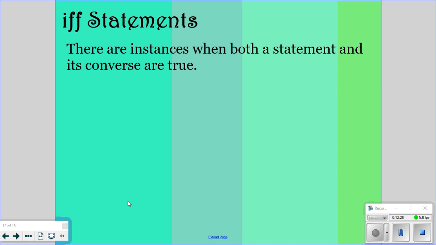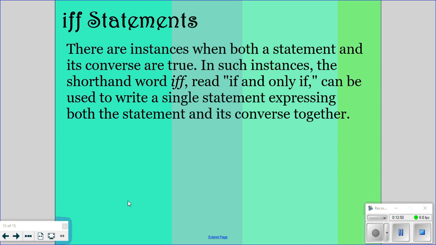So you're only going to have an IFF statement when both the statement and the converse are true. So you'll have to look at the statement, look at the converse, determine if they're both true, and if so, then you can make an IFF statement. In geometry, you may have learned it as a biconditional. So biconditional may ring some more bells than if and only if. Like I said, IFF is read if and only if.